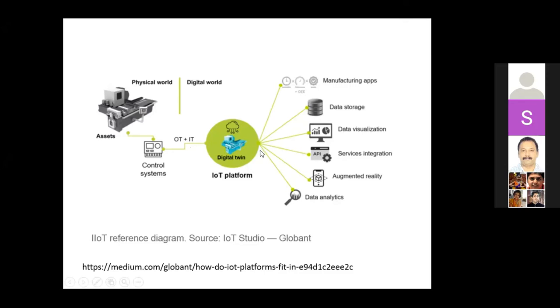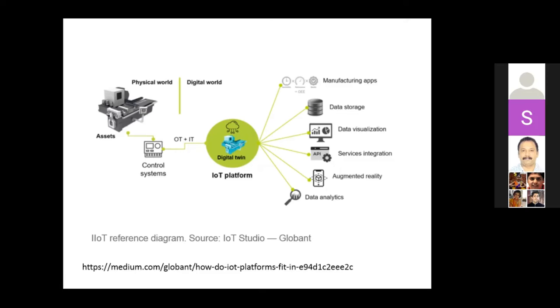And once the digital twin is formed, you can develop manufacturing apps, you can store the data, you can visualize the data, you can integrate various services. Augmented reality can be integrated. You can do the data analytics using various machine learning and deep learning algorithms.